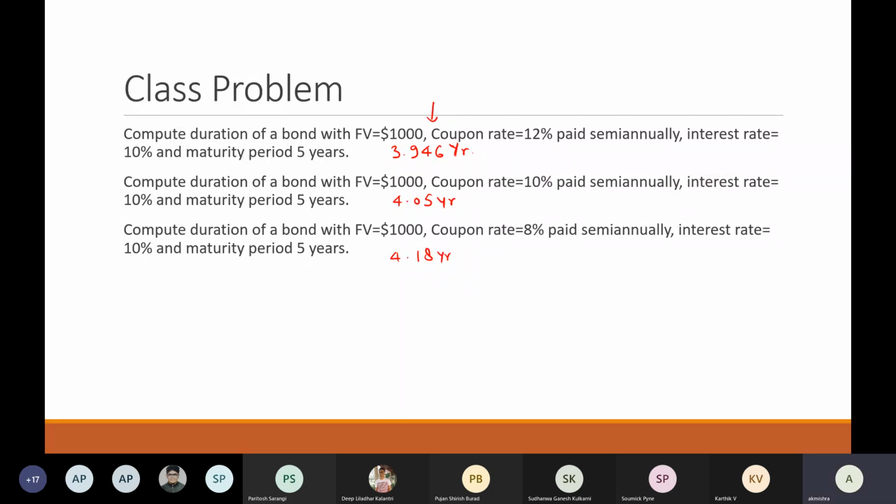Remember, this is a very important concept whenever we talk about fixed income or bonds. In most textbooks, especially initial textbooks written on financial institutions and markets, they don't go into duration.